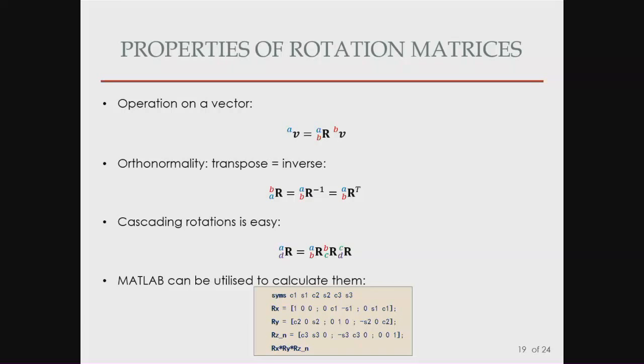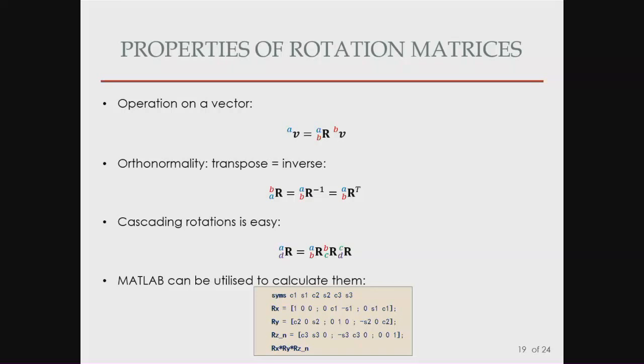So the first property is the basic algebraic operation we are using rotation matrices for, which is the transformation from one representation to another. This is what we learned so far.